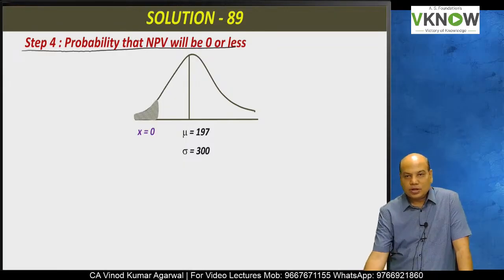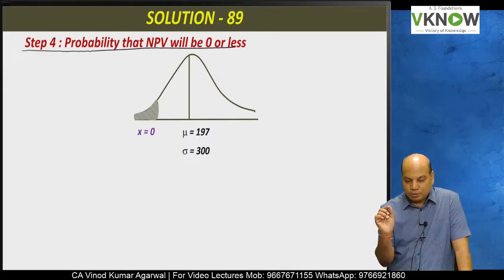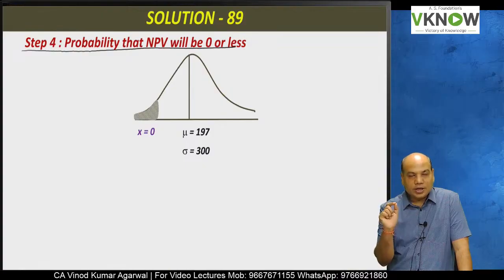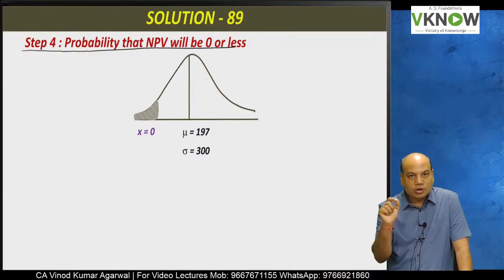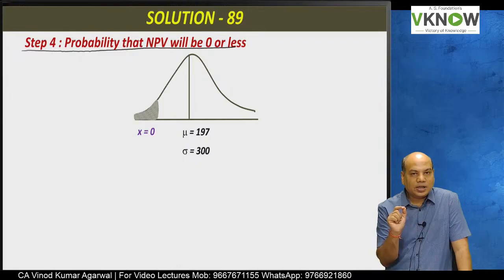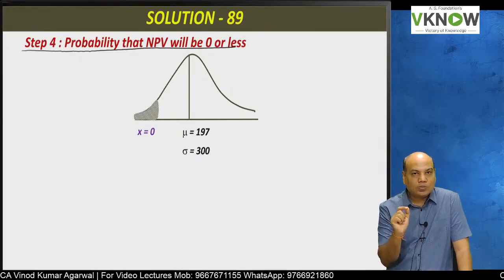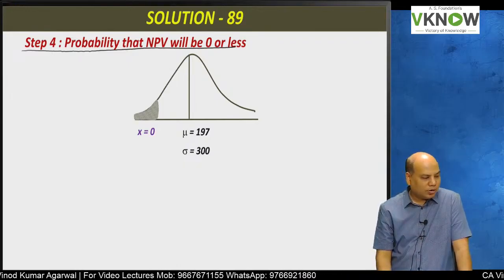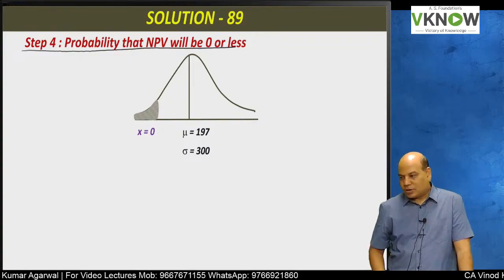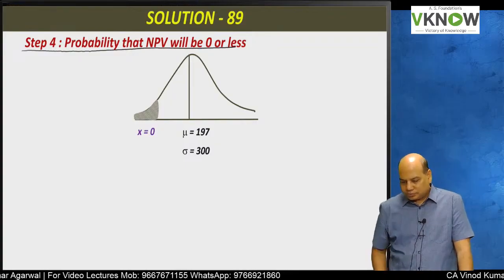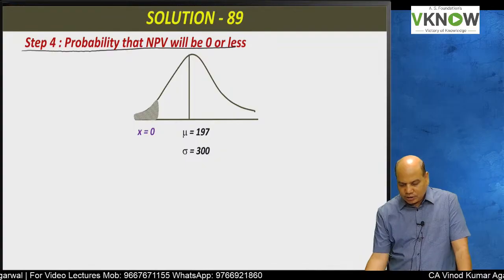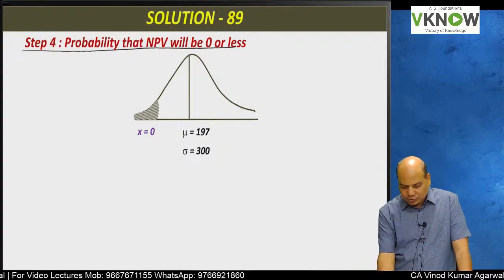The next question asks you to compute the probability that NPV will be 0 or less. So for that I have to now apply the normal distribution table approach. Write down, please. Step number 4, probability that NPV will be 0 or less.